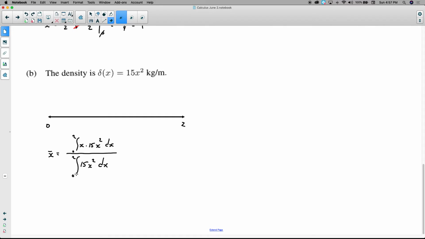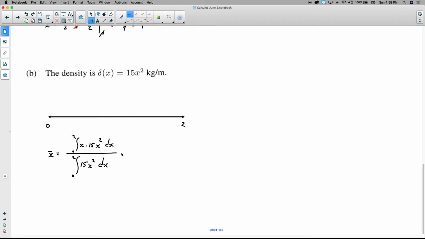So we're summing all of these masses together. We've got total mass on the bottom, and the same argument leads me to this represents mass, and that is displacement. So this is the sum of the moments. X bar is the sum of the moments divided by the sum of the masses.